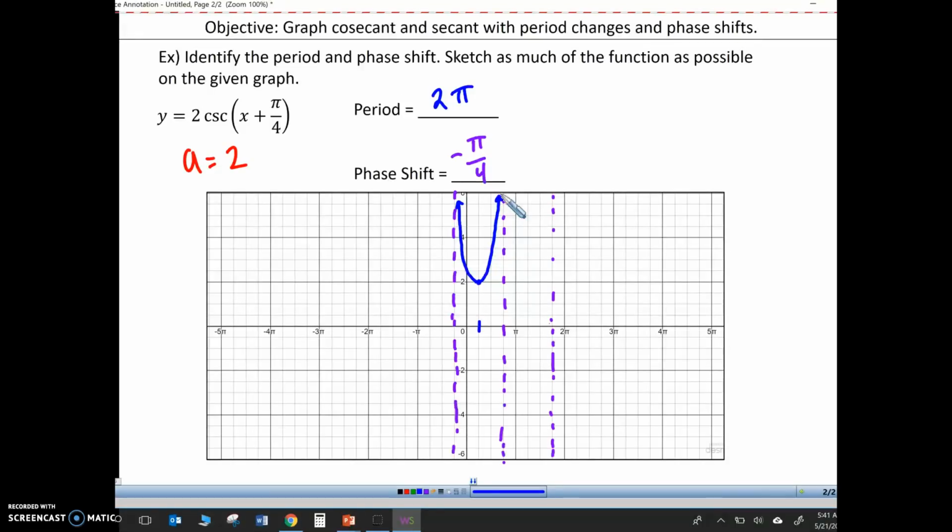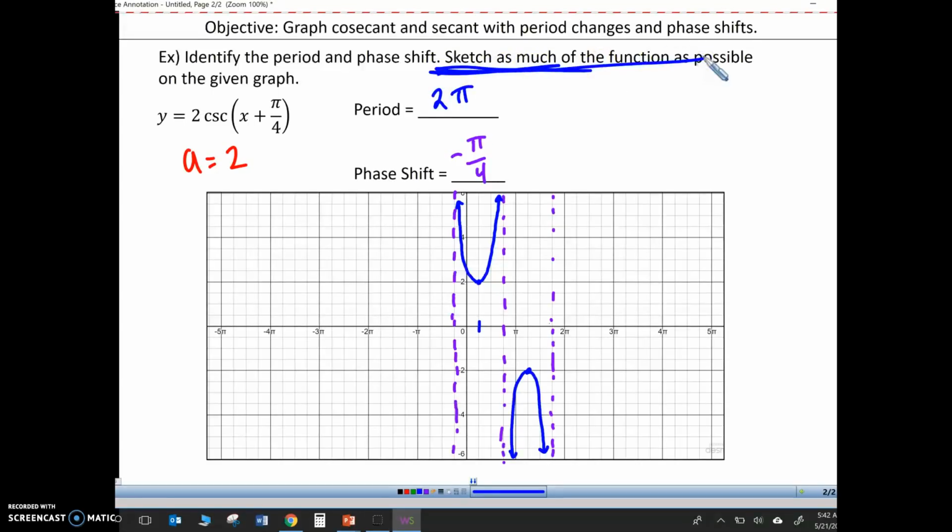And I'm going to do the same thing down below. I have a point at -2, and I have a U. Okay, and that's it. Now we just have to repeat and sketch as much of the function as possible.